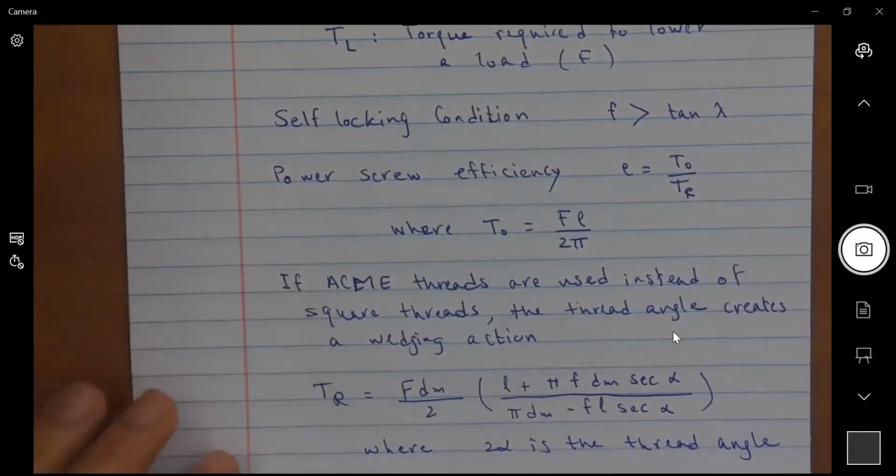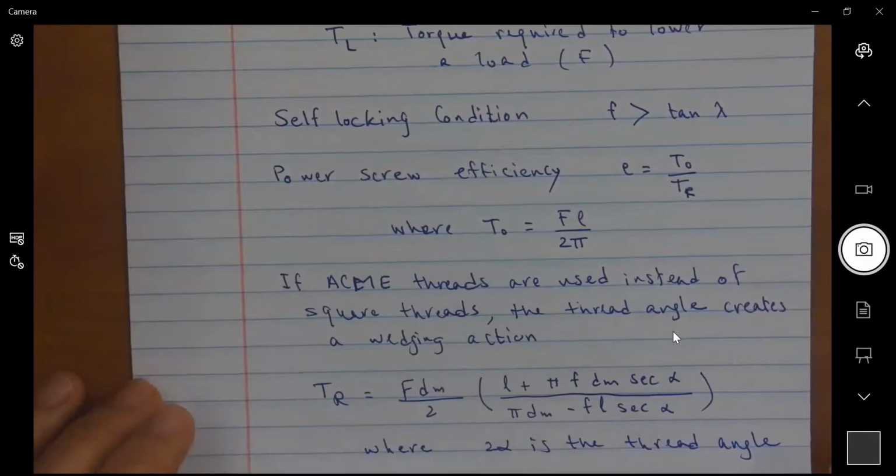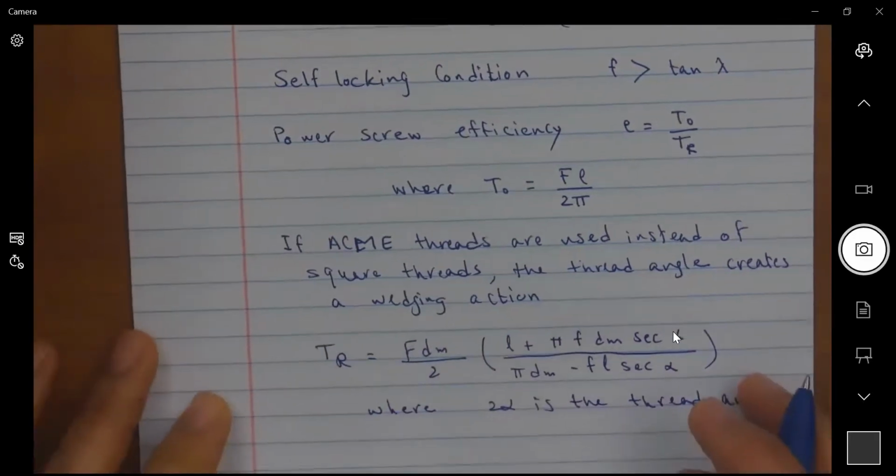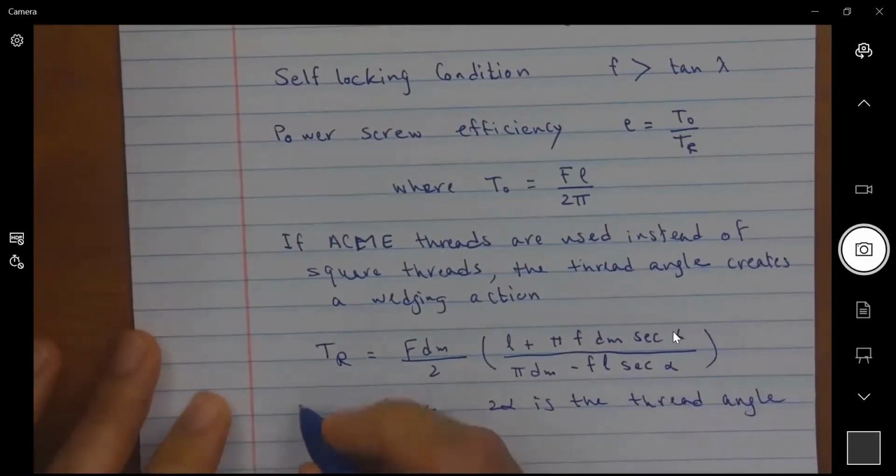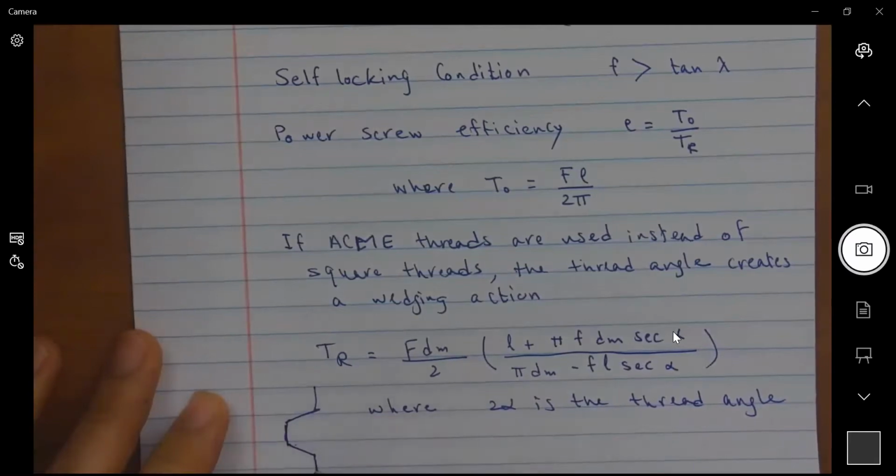So on an Acme thread, this angle here would be 2 alpha.